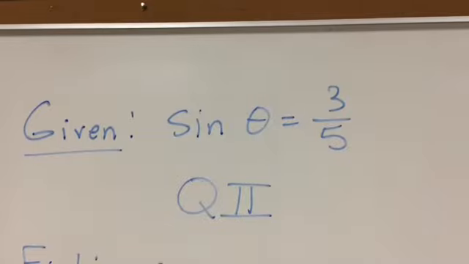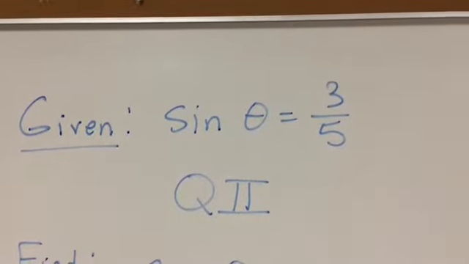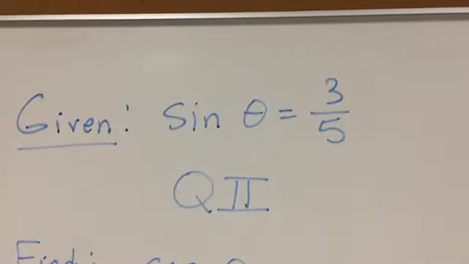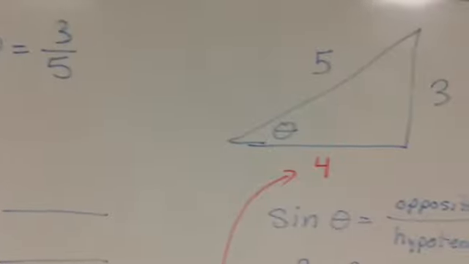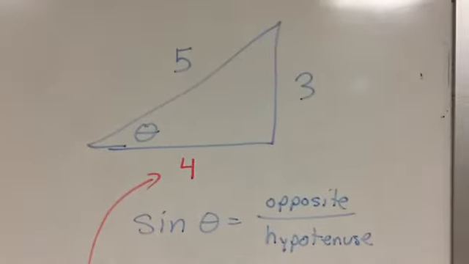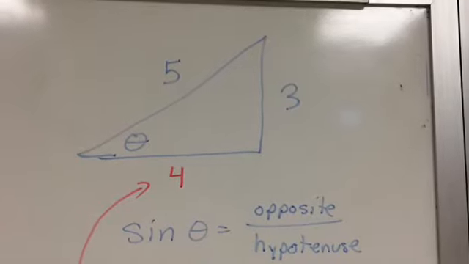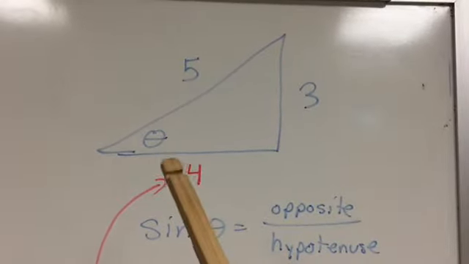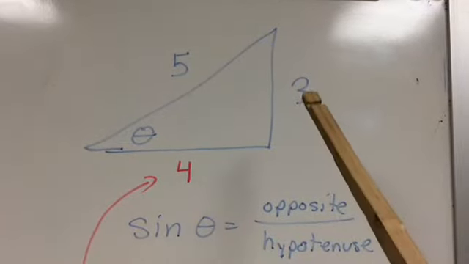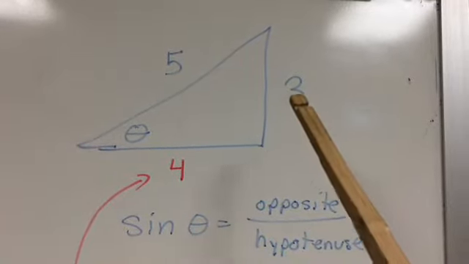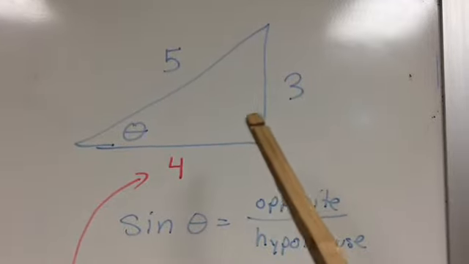From our given problem, we can construct a right triangle based on the sine of the angle equaling 3 over 5. Because we know that sine is opposite over hypotenuse, I can construct a right triangle such that the opposite side is 3 and the hypotenuse is 5 across from the right angle.